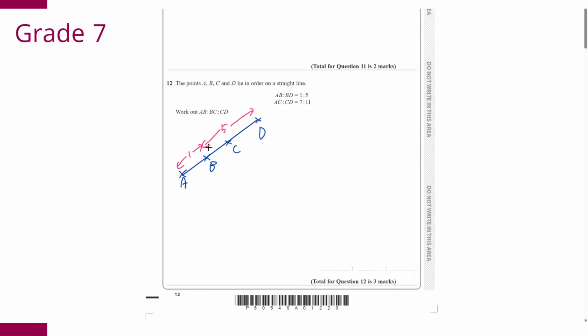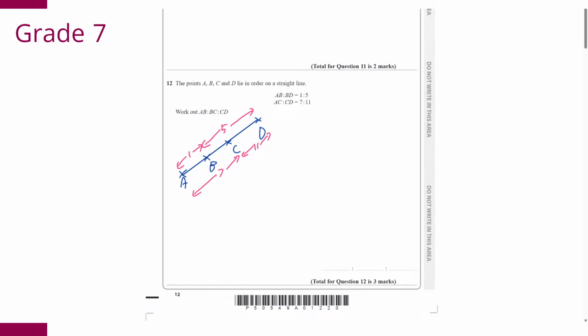Okay. The ratio of AC to CD is 7 to 11. So 7 to 11. Work out the ratio of AB to BC to CD. What an amazing question, right?